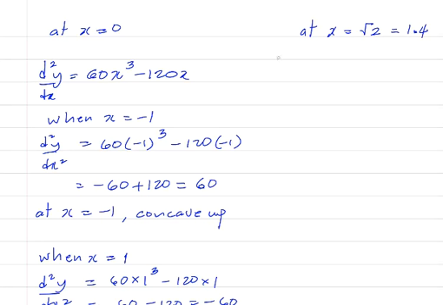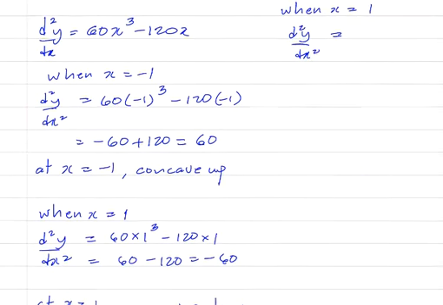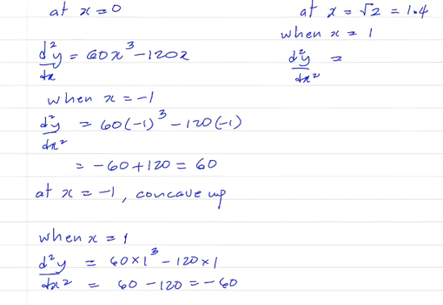So when x is equal to 1, d2y by dx squared was equal to minus 60. So minus 60 is concave down.